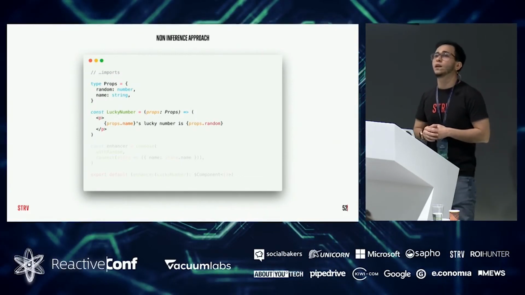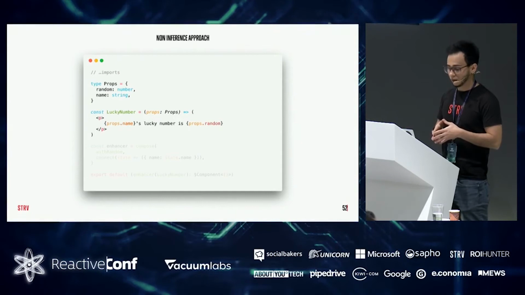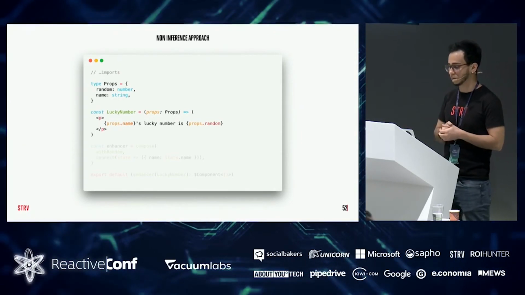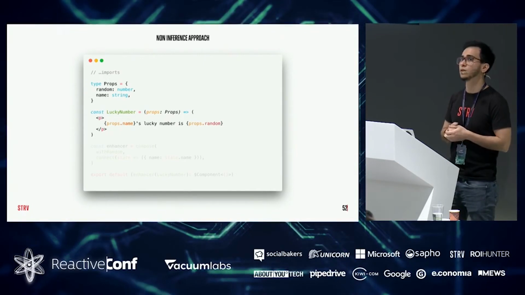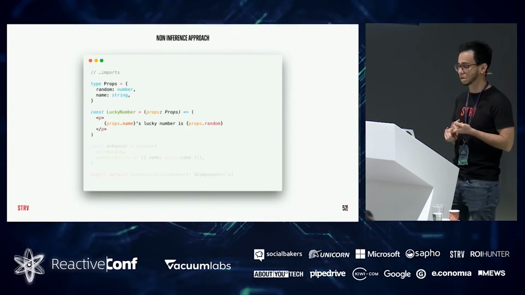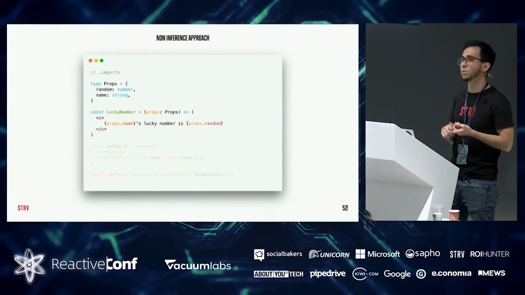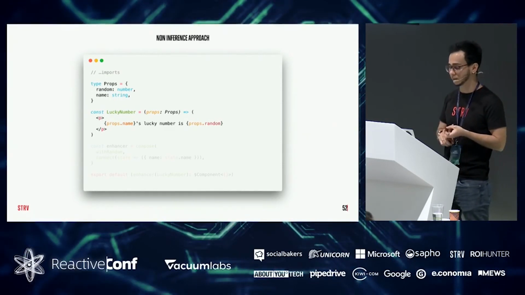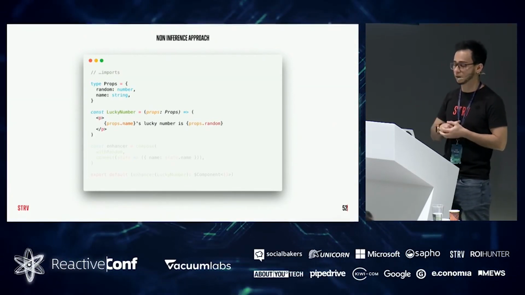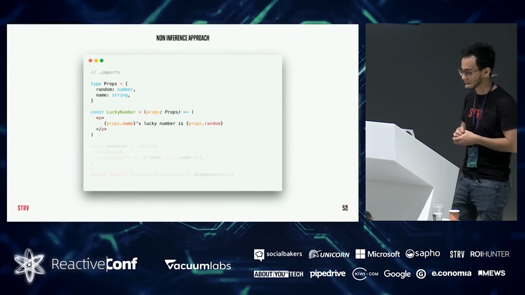Now, probably you have tried to type higher order components before, and one approach could be not using inference at all. So let's say we have a lucky number component, which renders a string that depends on name and random properties to exist. We define them on the top, and we say that the argument equals these props.